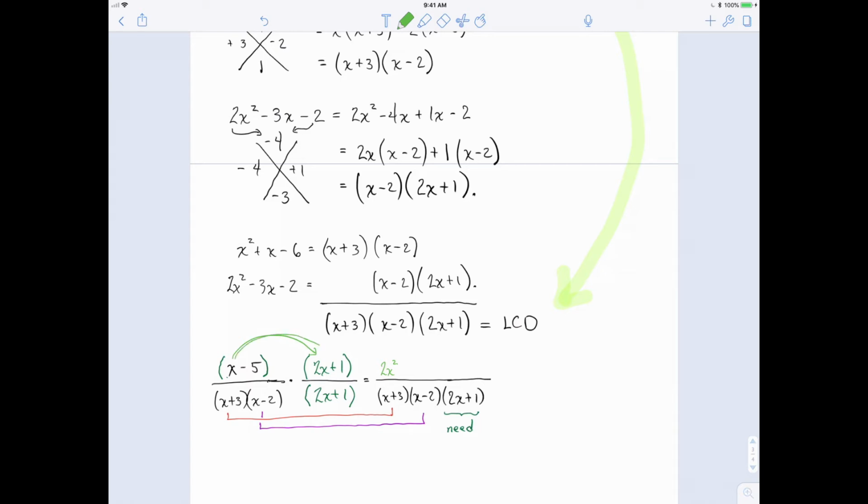Then x times 1 is plus 1x. Then a negative 5 times a 2x is minus 10x, and a negative 5 times the 1 is minus 5.